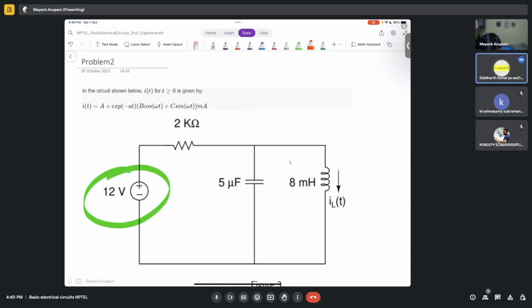That is true, this is 6 amperes, right? Yes, but I'm asking in terms of this equation only.